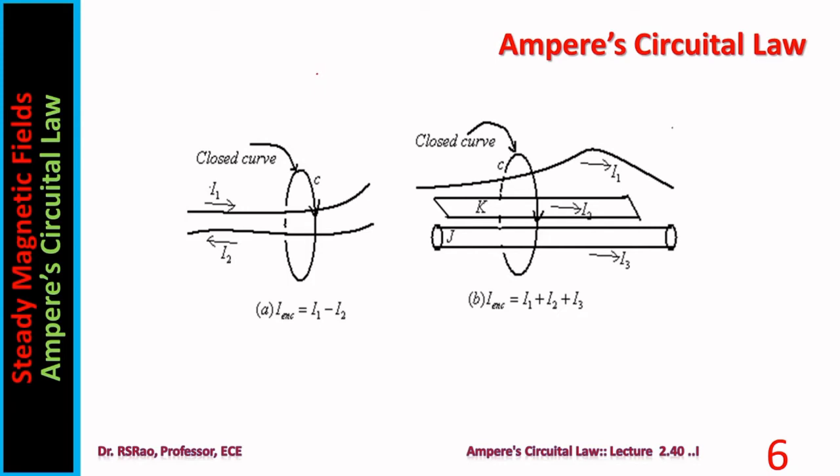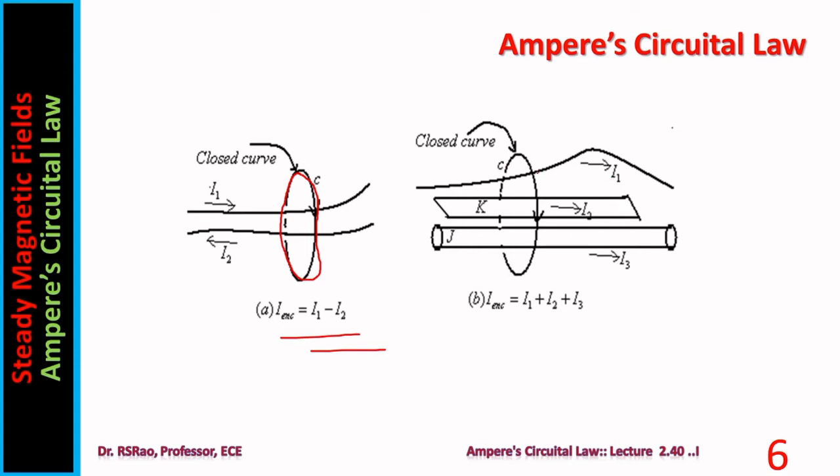Here, some explanation regarding current is given. MMF is computed around a closed path. Here, the closed path is indicated by C. And the current to be considered is the current passing through any surface having boundary C. So here I1 is entering, I2 is leaving, so net current becomes I1 minus I2, line currents.